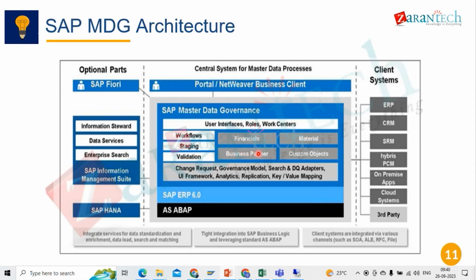Customer number ranges we have created are 1 lakh to 2 lakhs in the MDG system. Take another system, ERP. In the ERP system, the customer number ranges were created differently, from 3 lakhs to 4 lakhs.